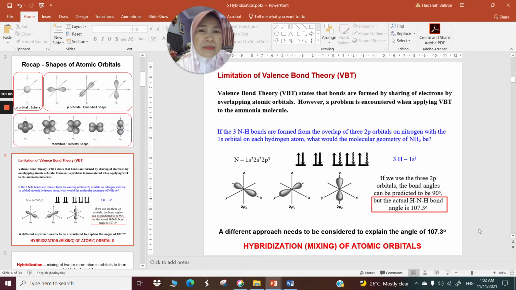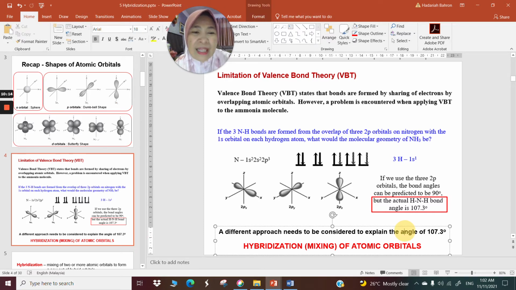So there must be something else going on that we need to venture into when you want to explain the angle of 107.3 in ammonia instead of the 90 degrees that we expect. So that new approach is called hybridization. Hybridization is really the mixing of atomic orbitals.